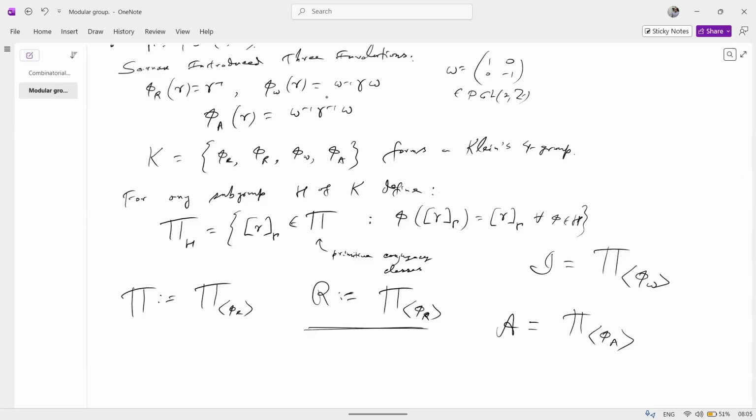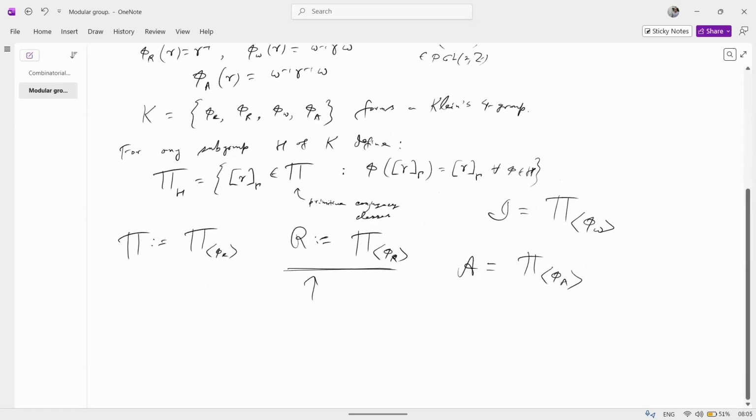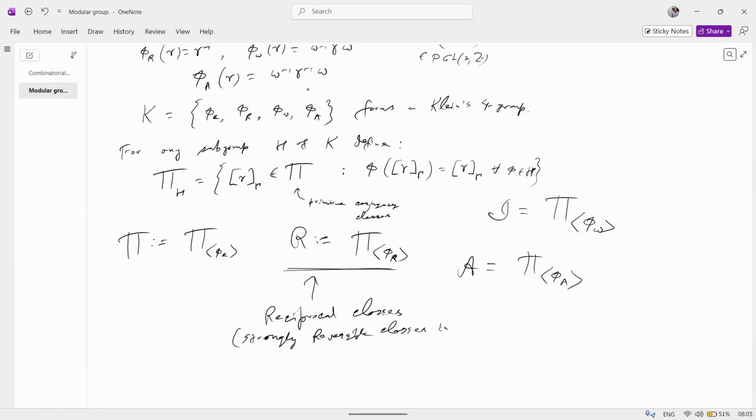Now, this means reciprocal classes or strongly reversible classes in the modular group. This is called inert classes, and this is called ambiguous classes.